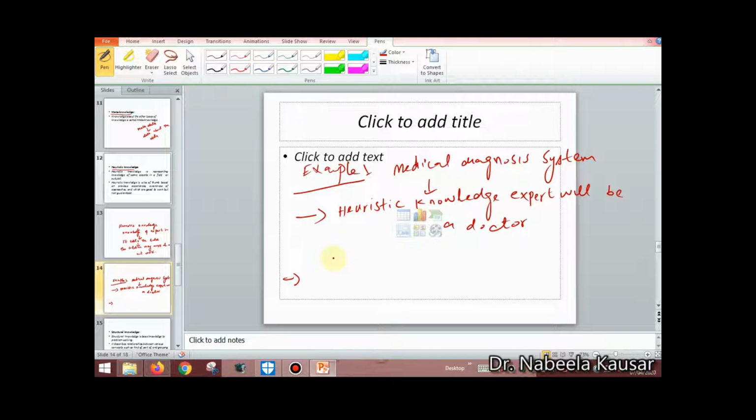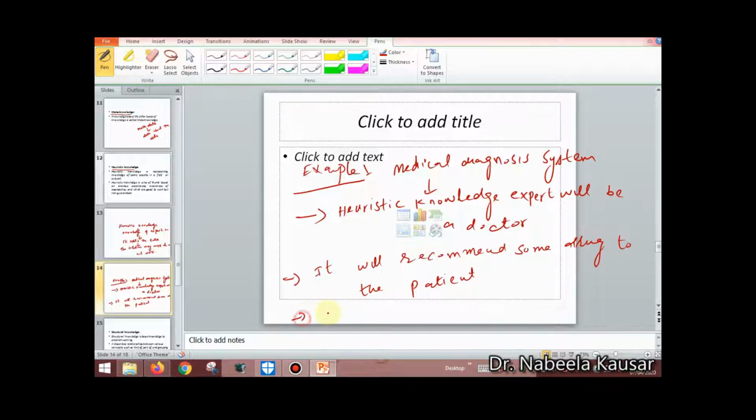The system will recommend the drug to the patient on the basis of the expert who is the doctor.